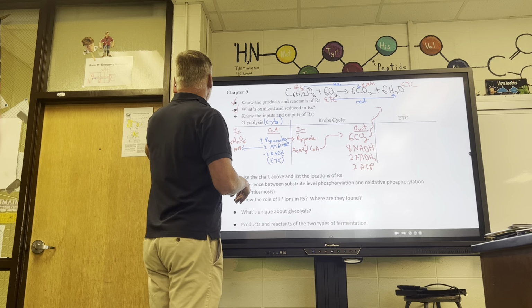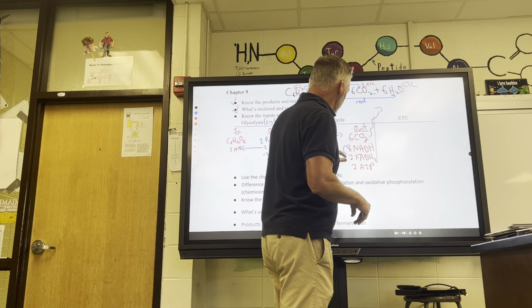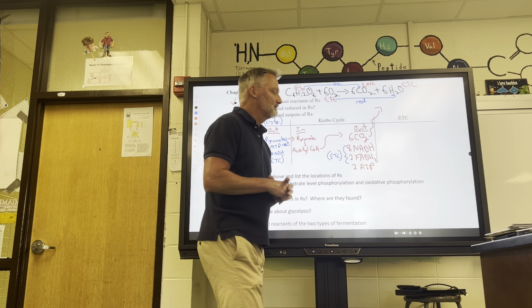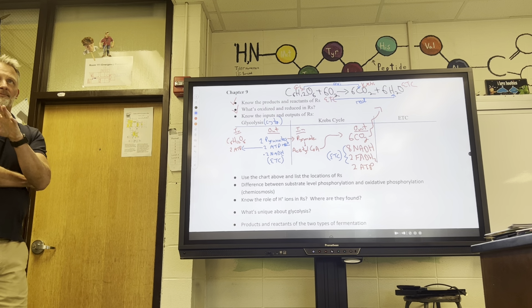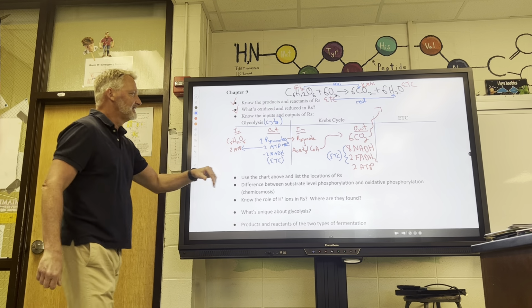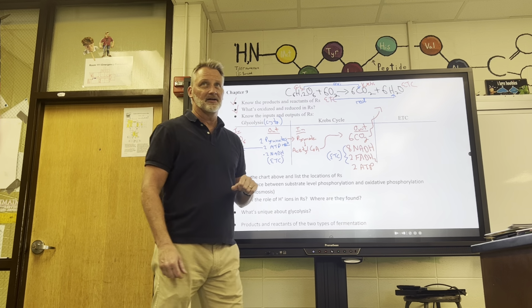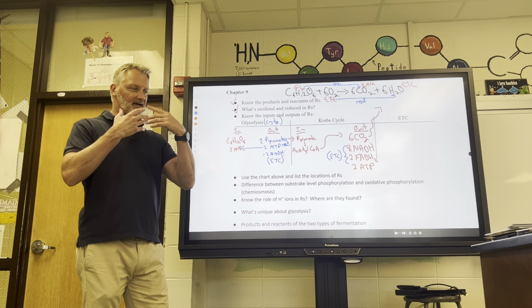And again, just like over here, these 2 things are going to go where in the end? To the ETC, okay? So far we've made 2 ATPs in glycolysis, 2 ATPs in the Krebs. We've completely oxidized glucose into CO2. You've exhaled it.